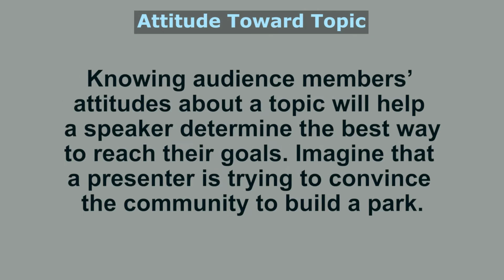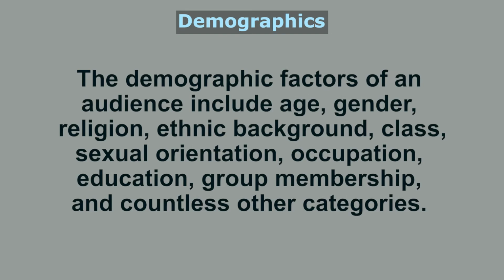The attitude towards the topic is another very important area which the public speaker has to take care of. Then comes one thing which is very, very important, that is the demography. In a public speech, understanding the demography of the audience is very important.